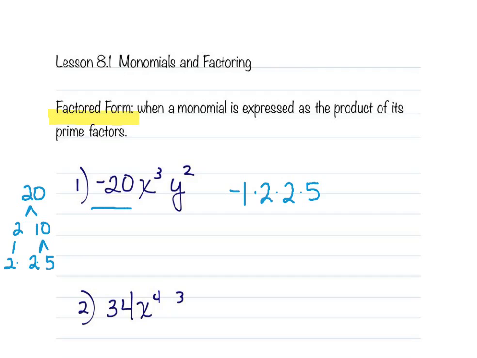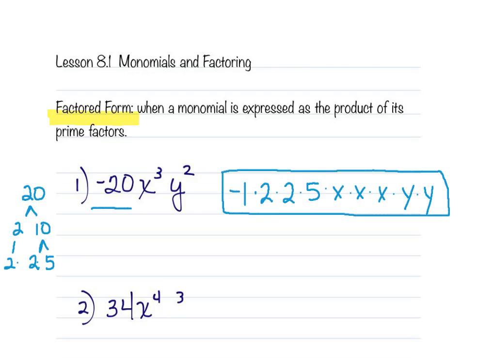And then our variables are very easily factored: times x times x times x times y times y. So if you are asked to write a monomial in factored form, this would be the factored form of that monomial. Each of those factors is a prime factor, and it's expressed as a product.